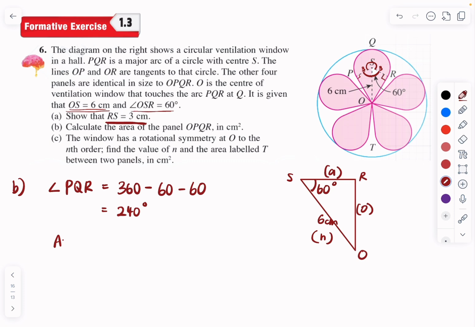Okay. So we need to find the area of sector. Area of sector is 1 over 2 r square theta. Your radius is 3, so 3 square, and our theta is 240 degrees. But this one we have to change to radians. So divide 180 times pi.